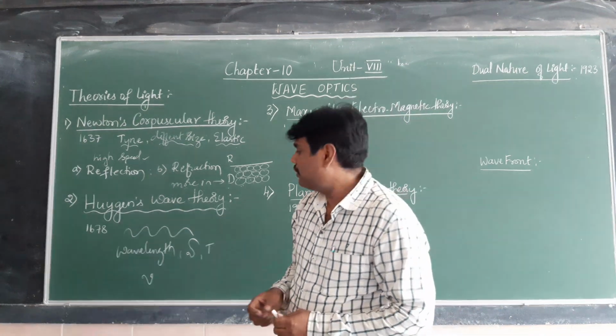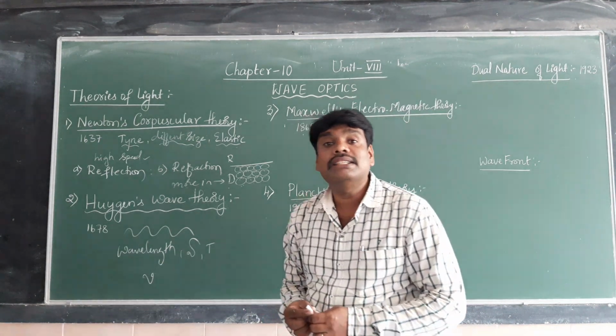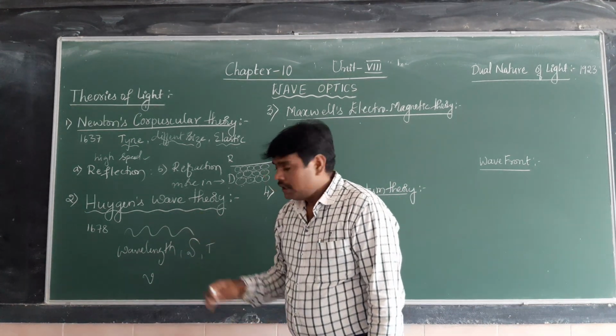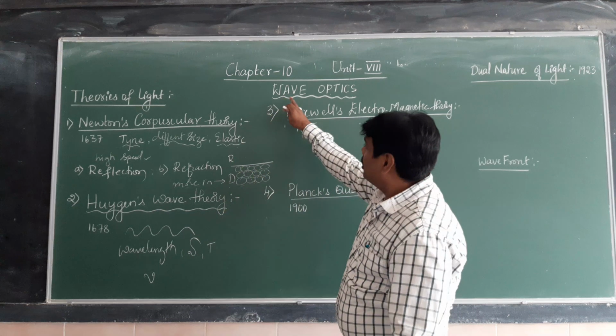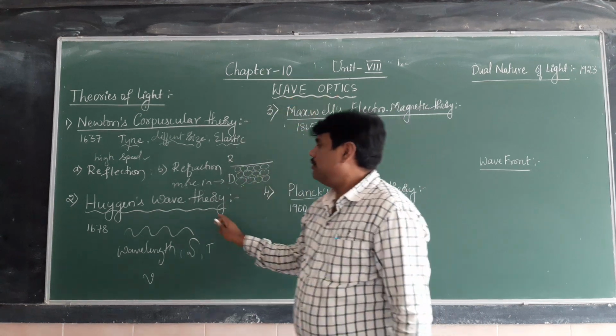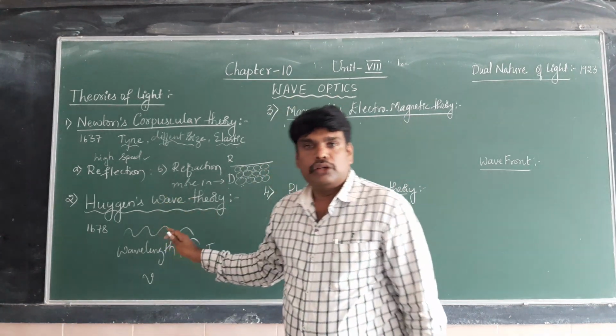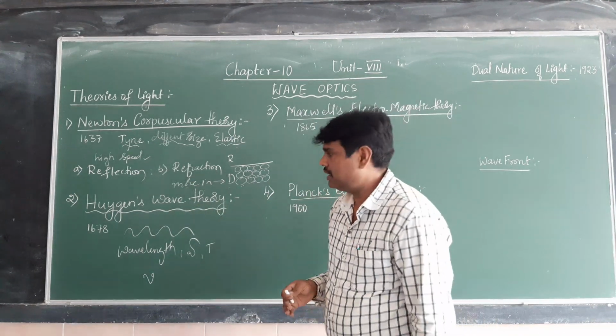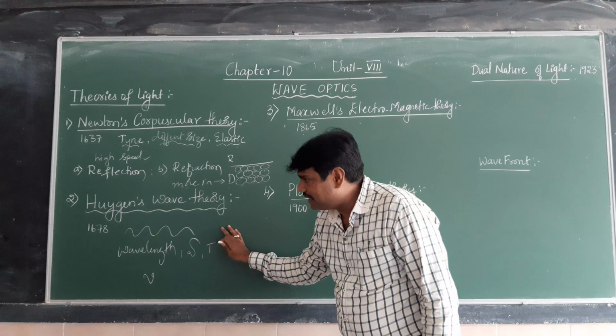The name of the hypothetical medium is ether according to this Huygens wave theory. In this topic, wave optics, we are mainly concentrating on Huygens wave theory. I will explain later how it is considered.